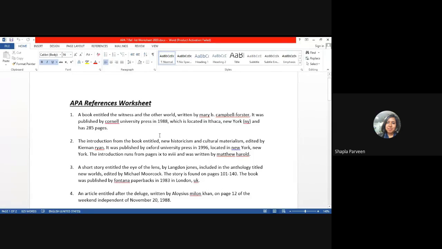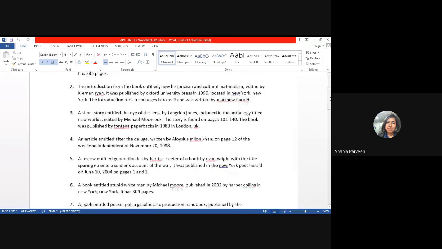Okay, so I think we discussed a little bit about the first entry. So what source is the first entry? You can see it's already mentioned. It's a book, right? So this is a printed book because the website address is not given. If the website address is given, then you know that it is an online book. It's not a printed book.